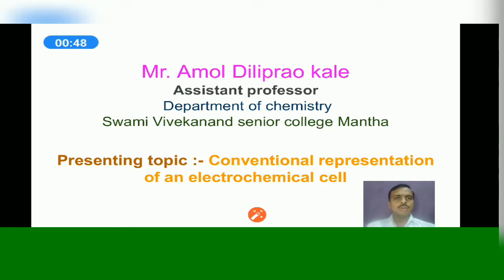Today we are going to discuss the conventional representation of an electrochemical cell. We know that in electrochemistry we are dealing with the conversion of energy, like chemical into electrical, potential into kinetic, and vice versa. Similarly, this conversion, like electrical into chemical and vice versa, occurs as spontaneous and non-spontaneous reactions.